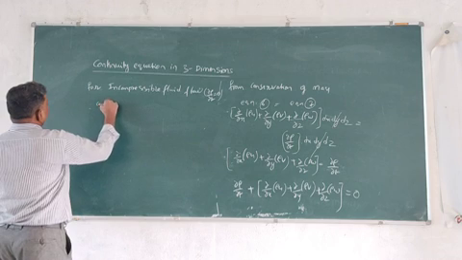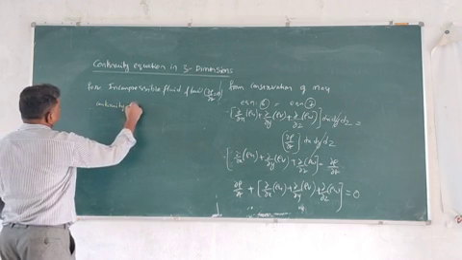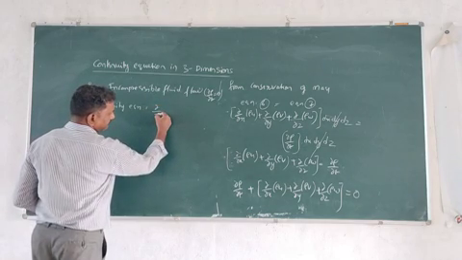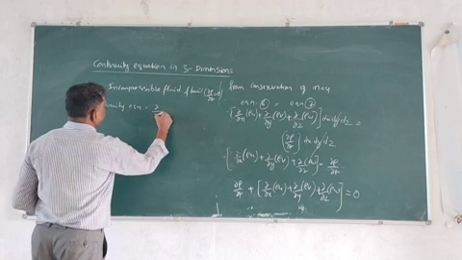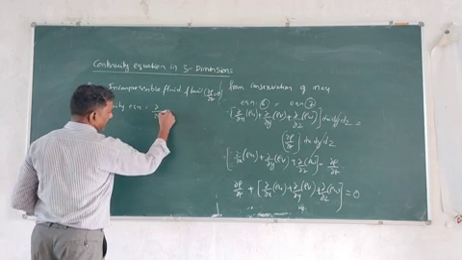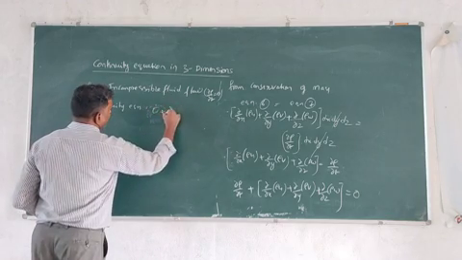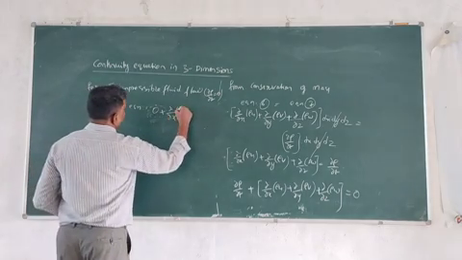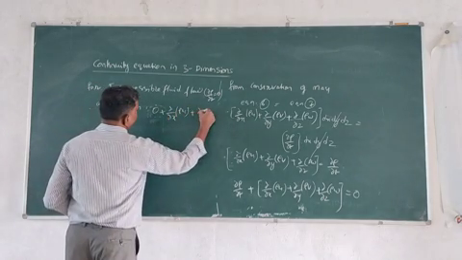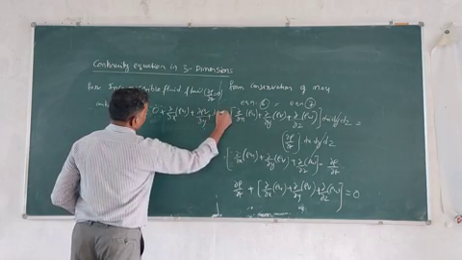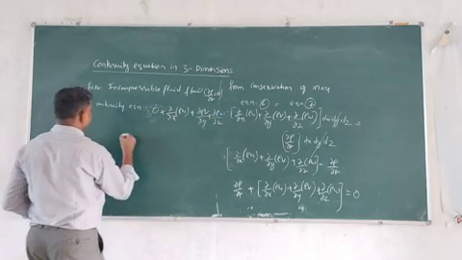Therefore, the continuity equation is ∂ρ/∂t, which is 0, plus ∂(ρu)/∂x plus ∂(ρv)/∂y plus ∂(ρw)/∂z.